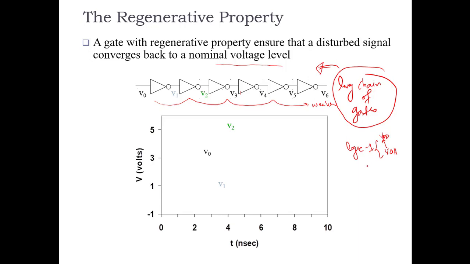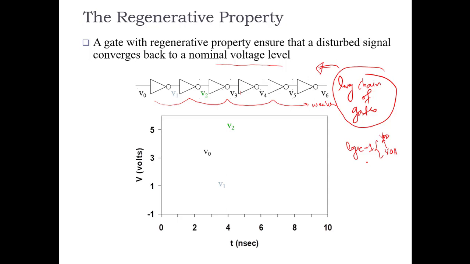So if during the propagation the signal got weaker, the gate will produce a clean signal. That is what the regenerative property means.